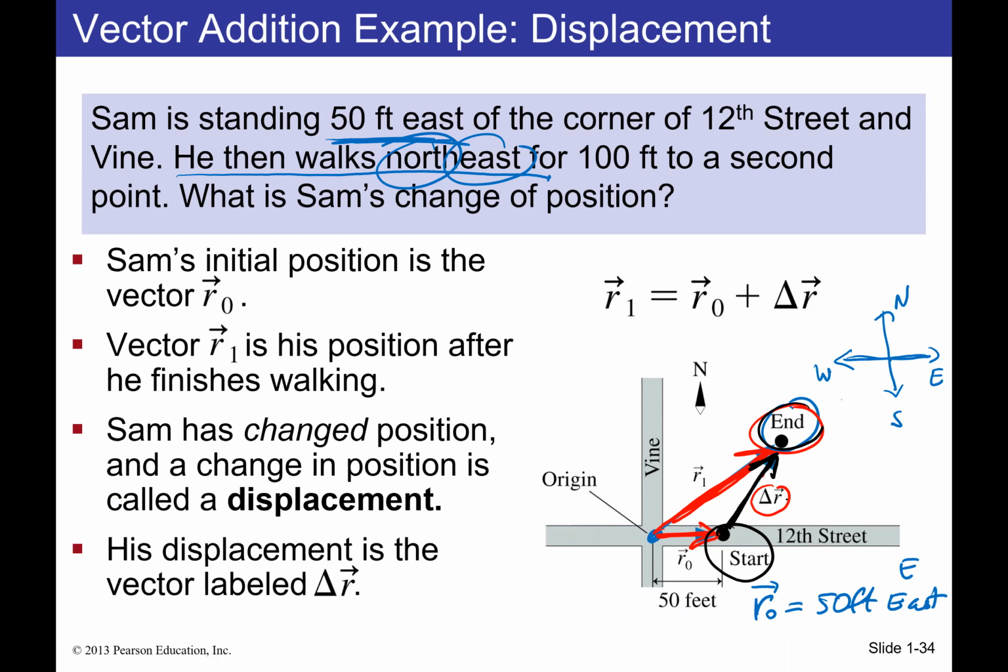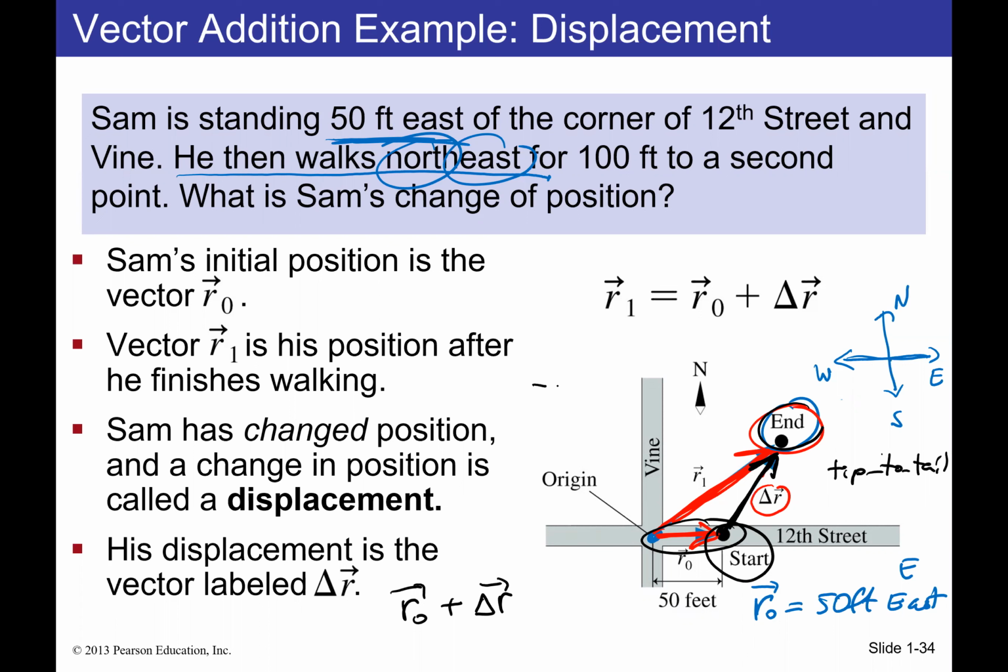Now, we just learned that if you're doing tip to tail, then one of the things you can do here is this. Take your first vector, R naught, then add it to a second vector, with the tail of the second vector connected to the tip of the first vector. That means delta R is connected to the R naught vector.